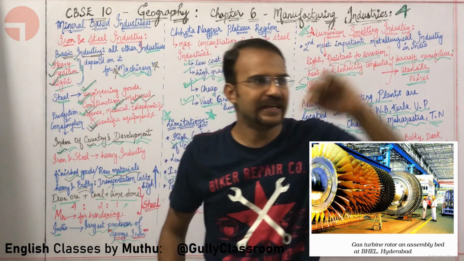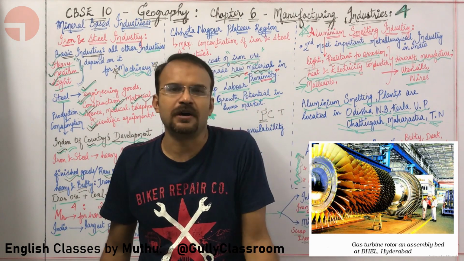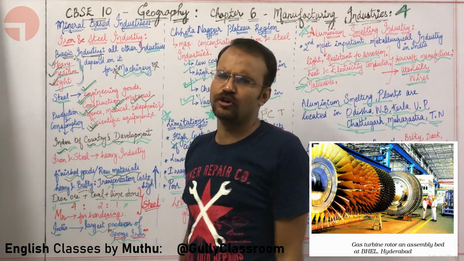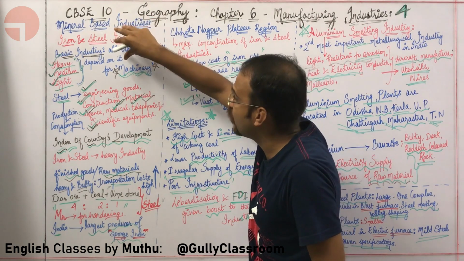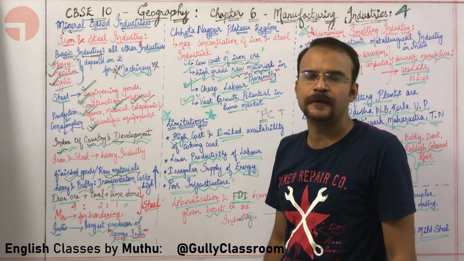Why, sir? In construction, in industrial development, in the manufacturing of machines, steel plays a very vital role. So the manufacturing of steel will give an index of a country's development.